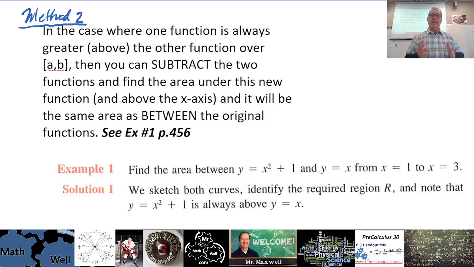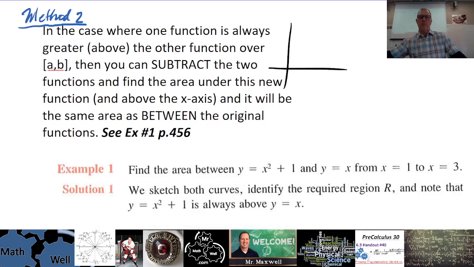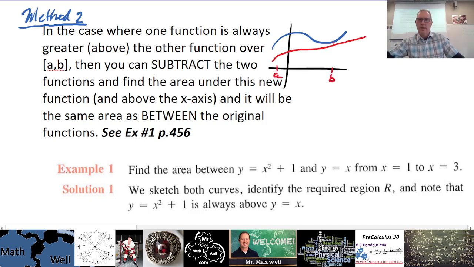So if function A is like this, and function B is like this, it's always underneath. You can go from anywhere, A here to B here, and you can find the area in between those if one function is always greater than the other.